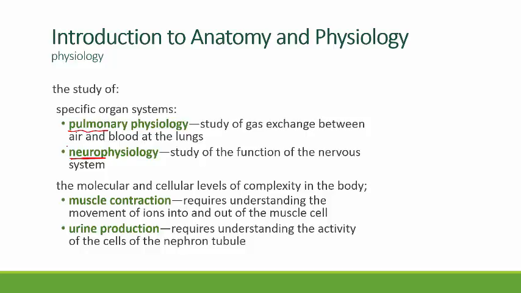We can look at how physiology is working at the molecular and cellular levels of complexity in the body. For instance, muscle contraction is going to require an understanding of how huge numbers of ions move both into and out of an individual muscle cell, creating the stimulus or the signal for that muscle cell to contract, to shorten.